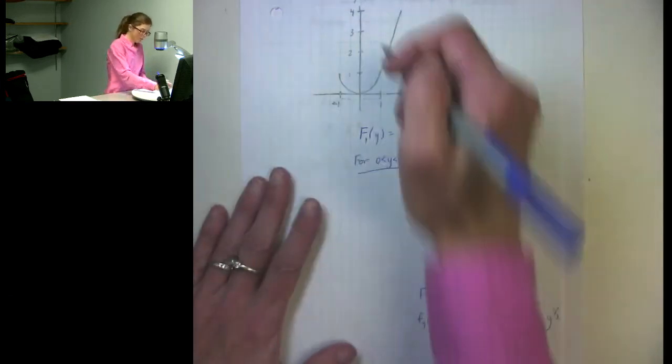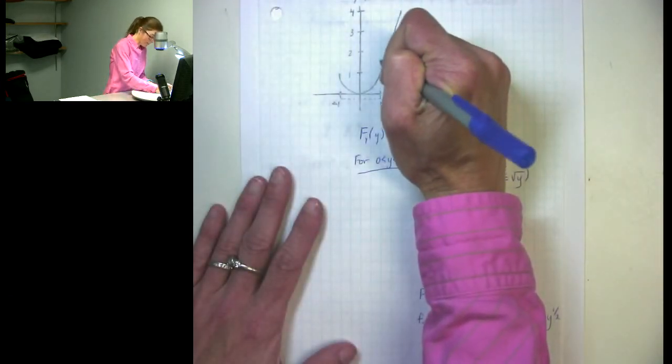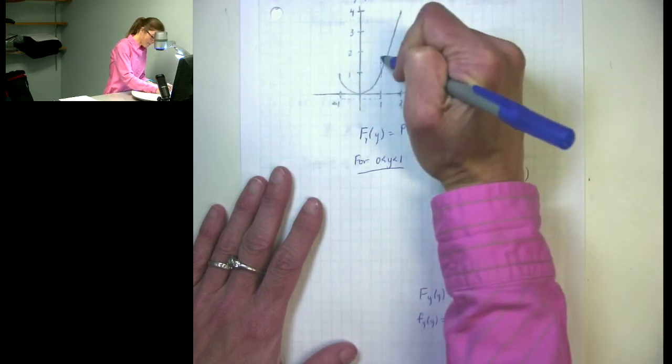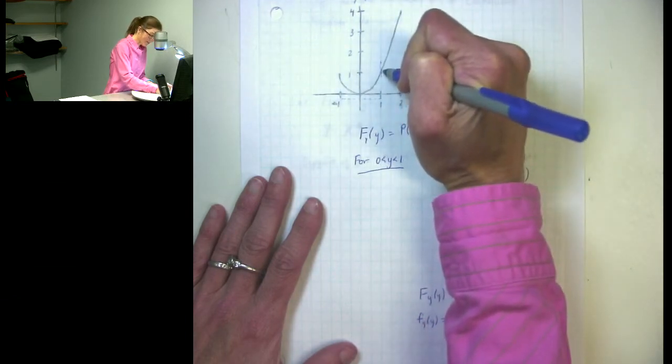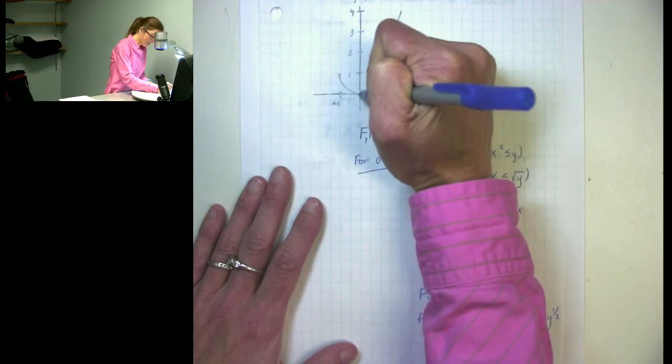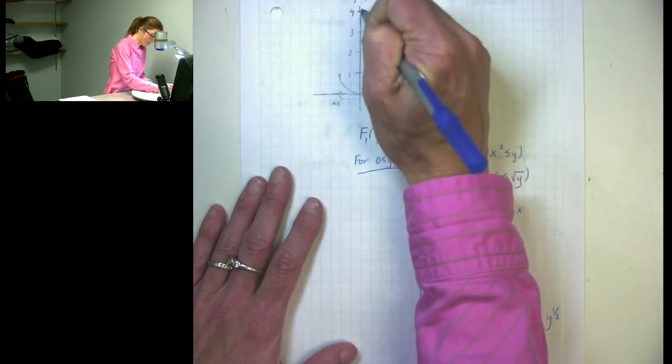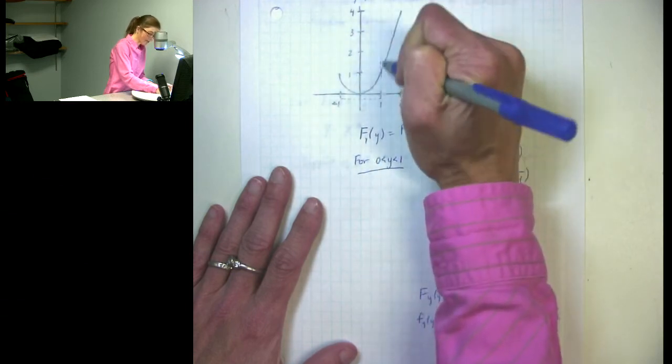Now I also need to find the probability density function for the other values of y. I've done 0 to 1. Now I need to go from 1 to 4, and here it's a monotone increasing function.